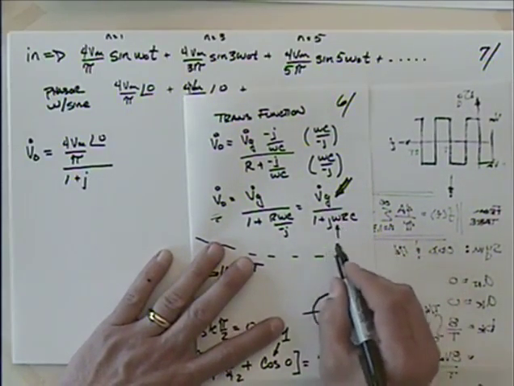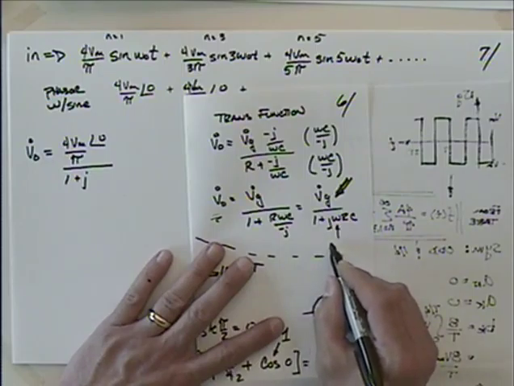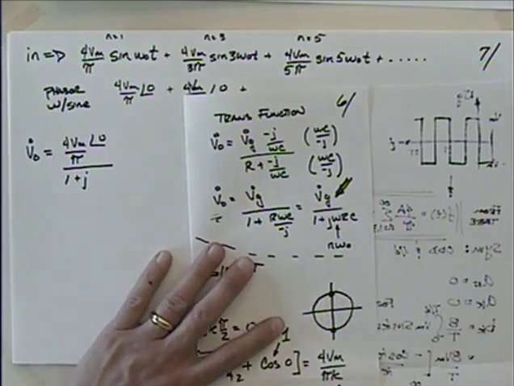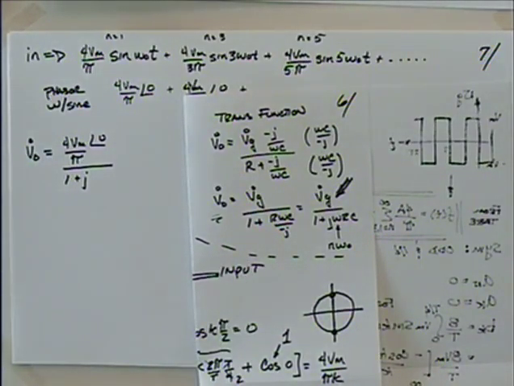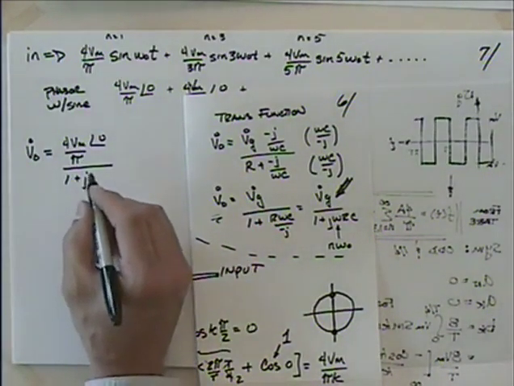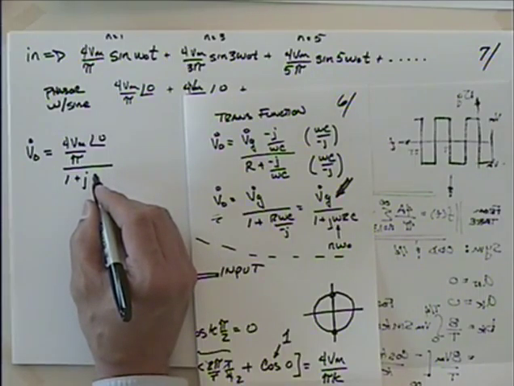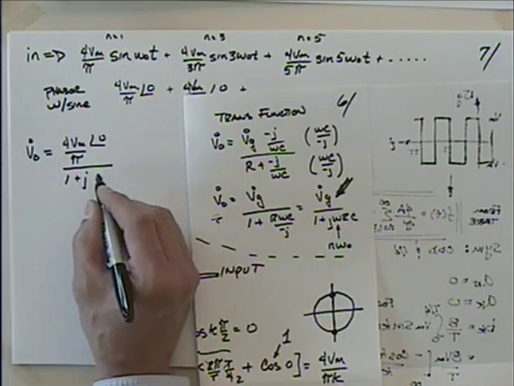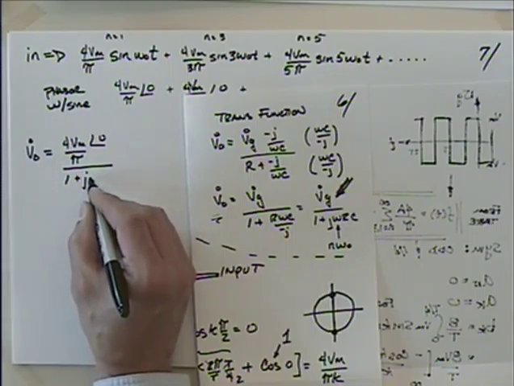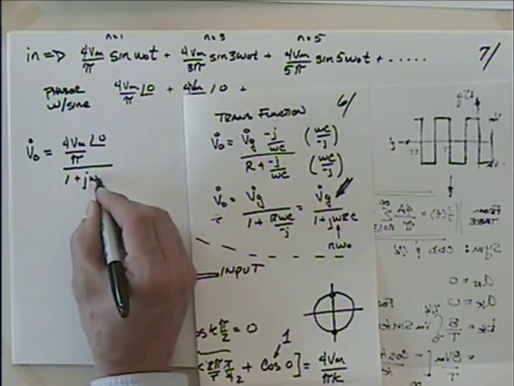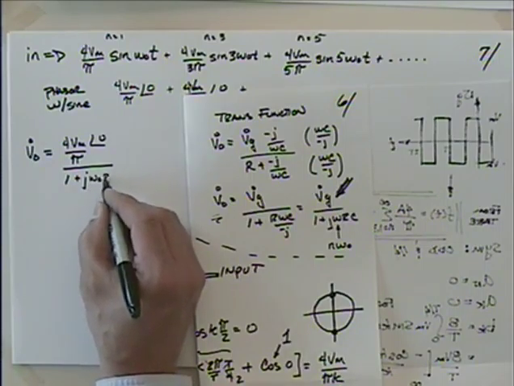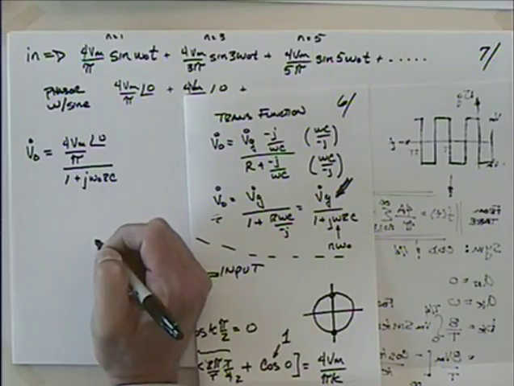I need to at some point recognize that this is going to be n omega naught, right? Because that capacitor is going to change with the frequency change. So I've got j n omega naught. So let's see, when n is equal to 1, I would just have omega naught times RC, right?